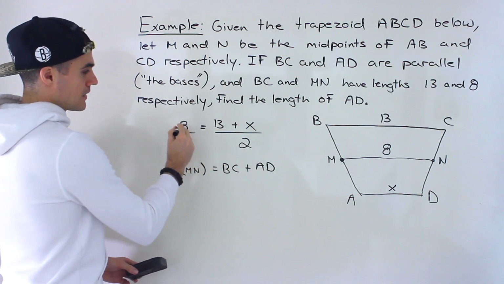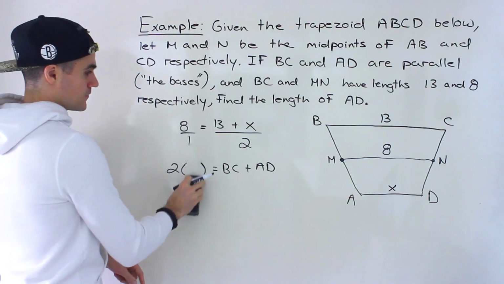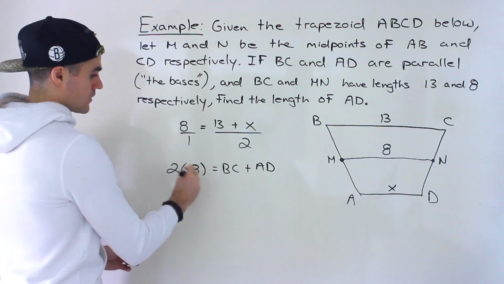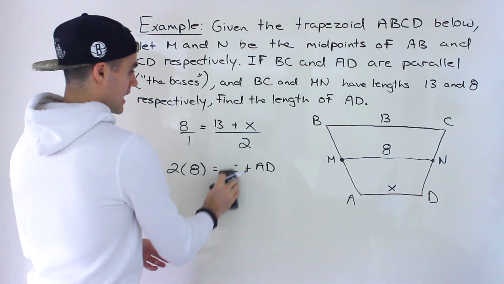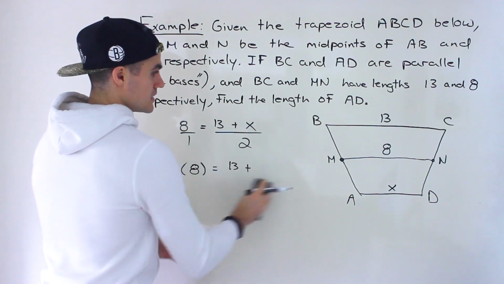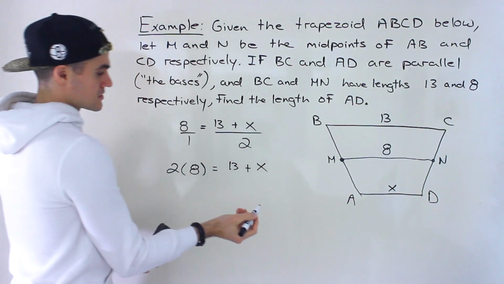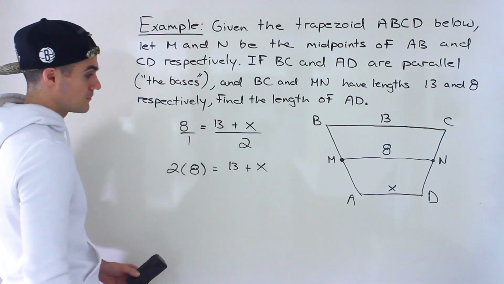So we're just going to cross multiply. MN has a length of 8, so 2 times 8. And then BC has a length of 13, and then AD, we're solving for X. So you would have got here anyway if you just wrote out that form.